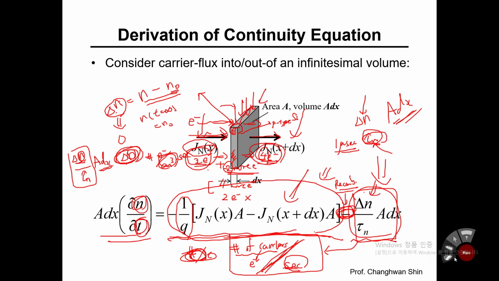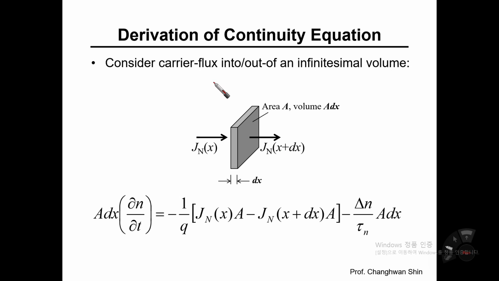And what about the generation? Well, in this case, the generation would always occur together with the recombination. But herein, I would like to say that the light has been exposed. Then this light would generate electrons and holes together. So G_L means number of carriers every second, so plus G_L.